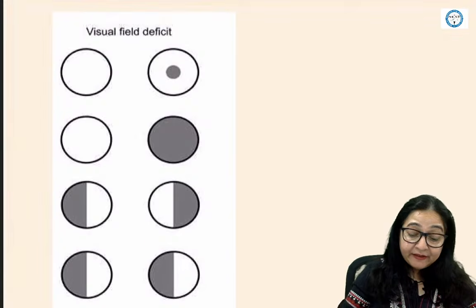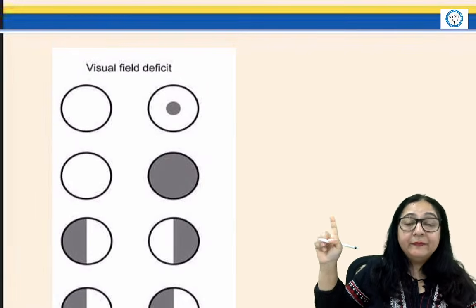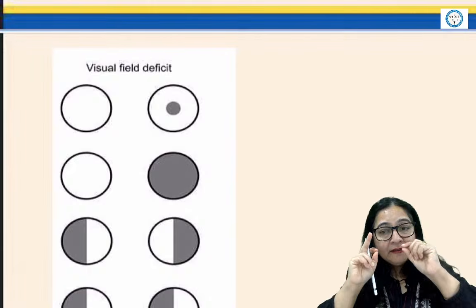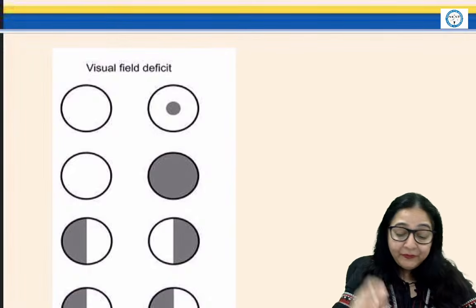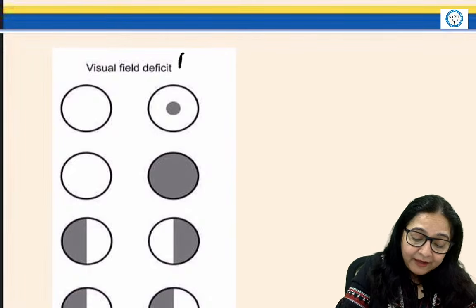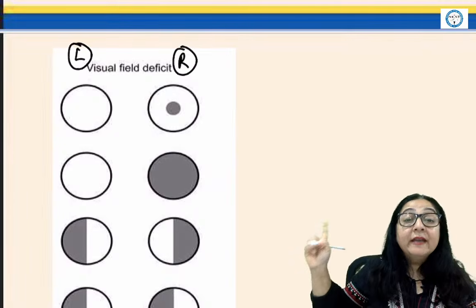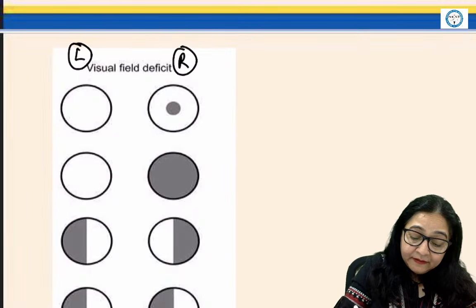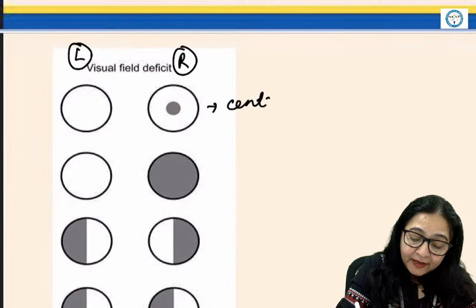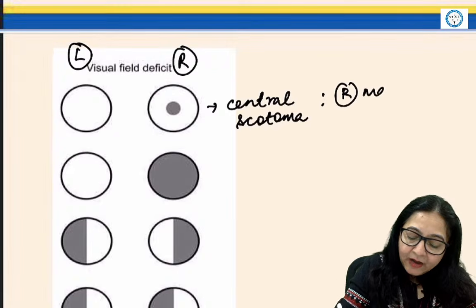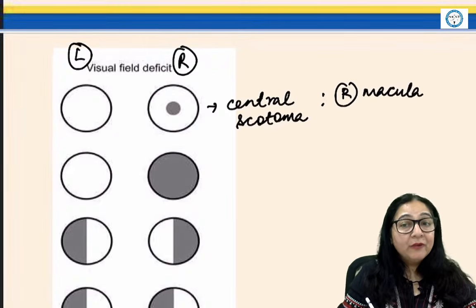Okay, so here the first one, the visual field is defective only in one eye. So this is the right eye, this is the left eye. So here the lesion is, this is a central scotoma type of defect, and the lesion is in the right retina or right macula, as you can see.